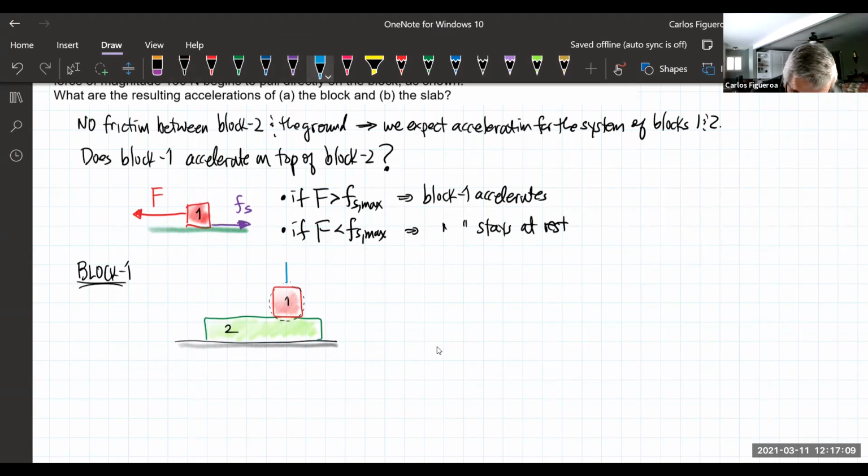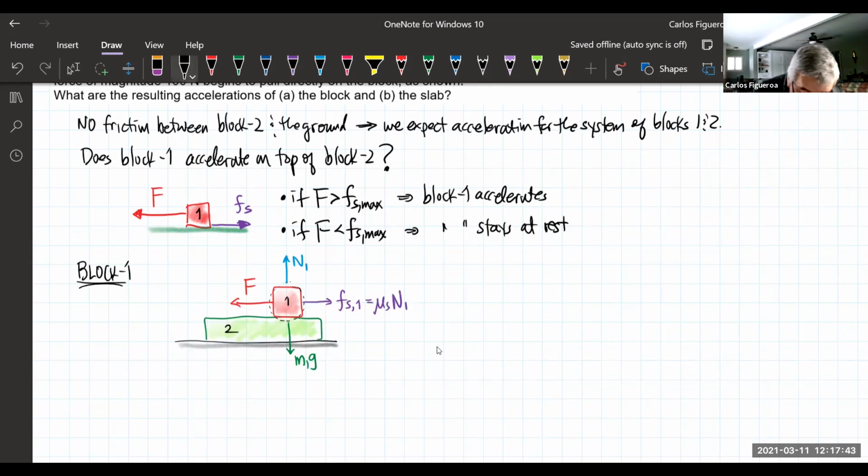There has to be the normal force of 1. There has to be the gravitational force of 1 down. And now I have 2 horizontal forces. One is F and one is static friction. But remember, when I'm thinking about static friction, I'm going to call that F_S1 because we're talking about block 1 here. So this guy's got to be mu_S times the normal 1.